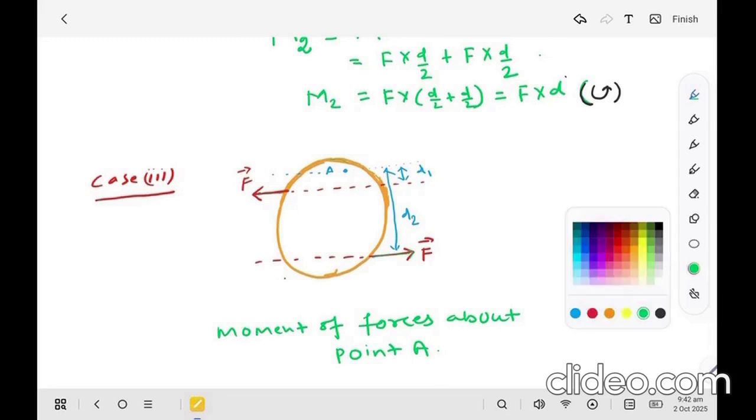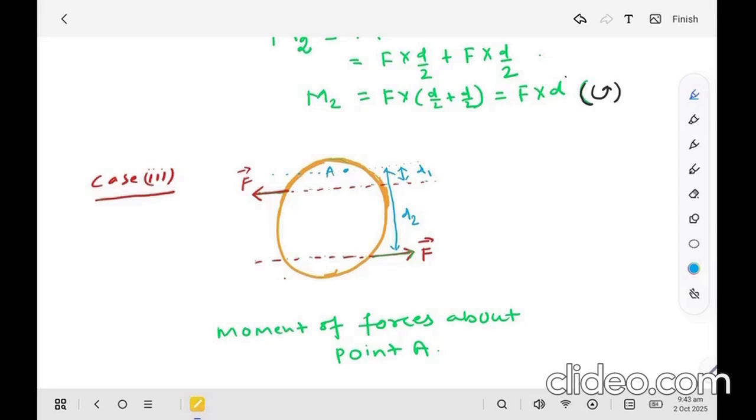Now I consider a point A here, and I want to measure the moment of both forces about point A. I draw the line of action of this force here and the line of action of this force here.